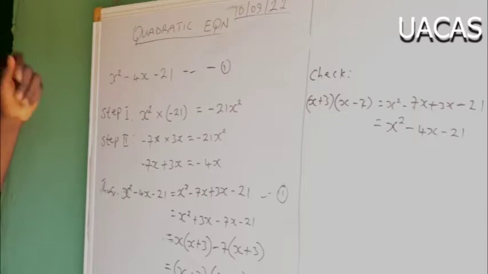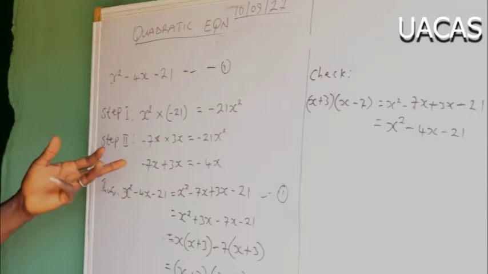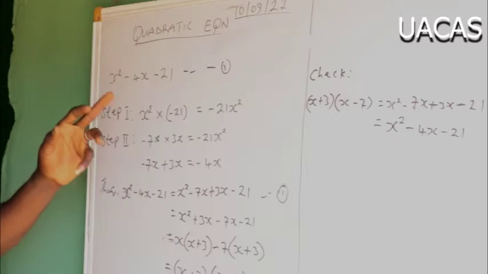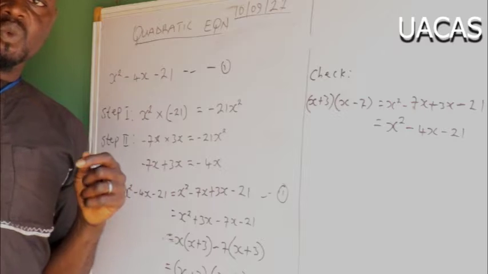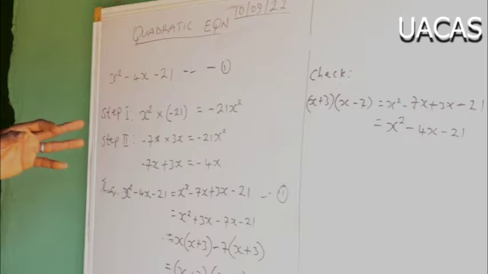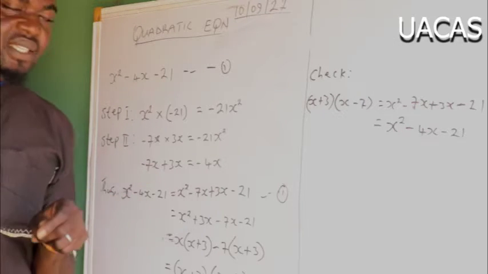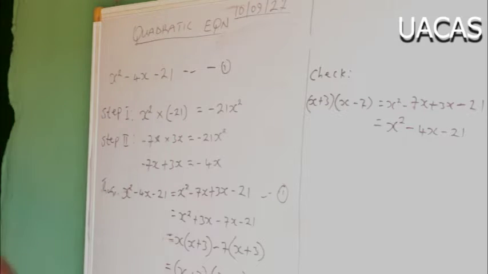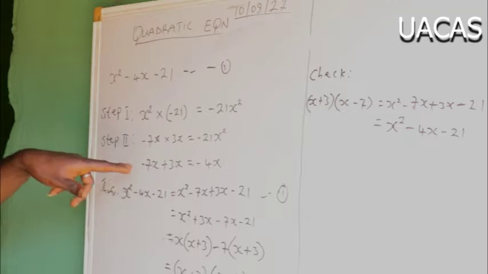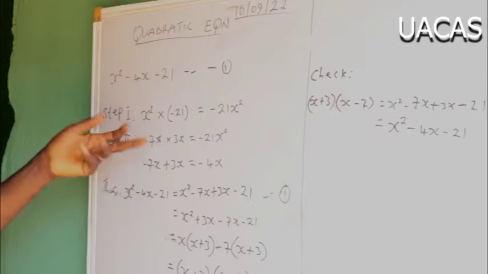So we now replace our x because of the squared. Minus 7x times 3x will give us minus 21x squared. Minus 7x plus 3x will give us minus 4x. Good. So we now replace those two factors.